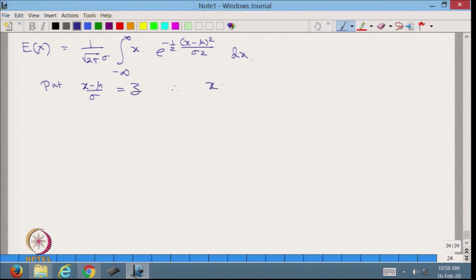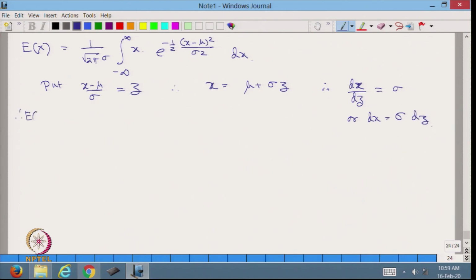Therefore, x is equal to mu plus sigma z. Therefore, dx by dz is equal to sigma, or dx is equal to sigma dz.